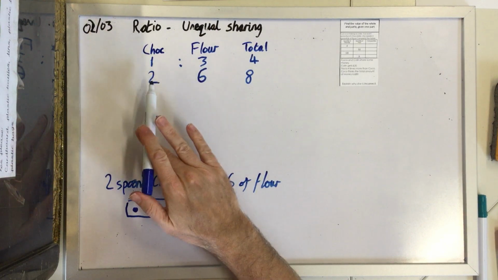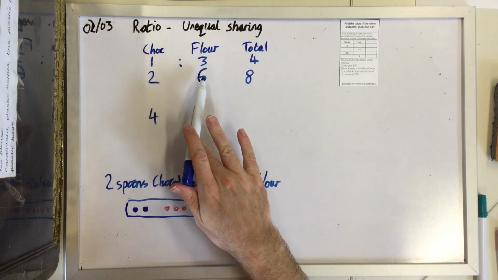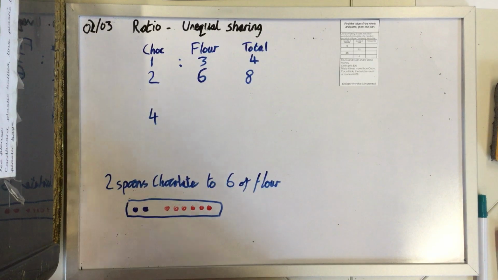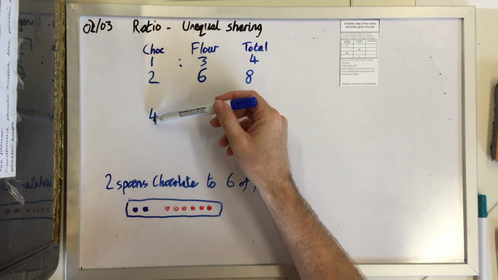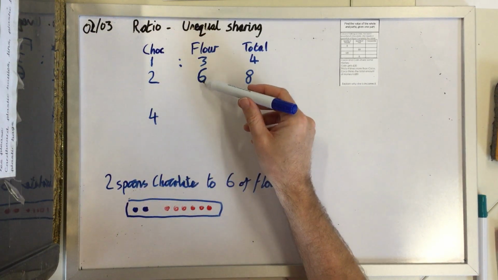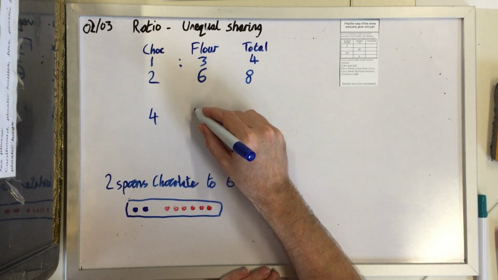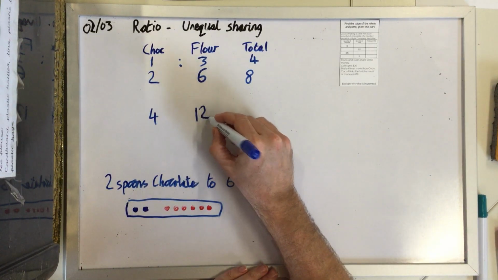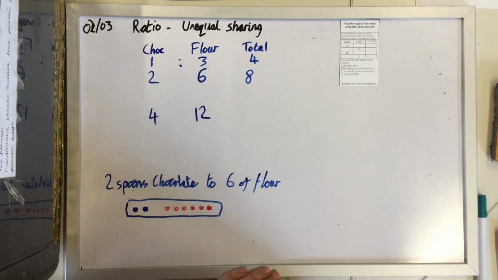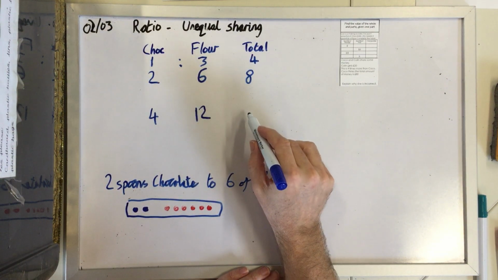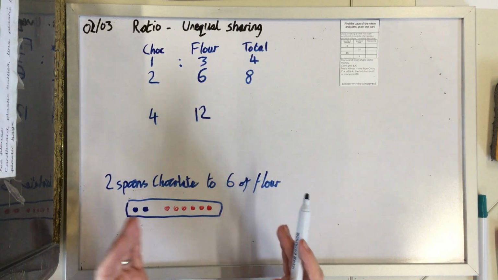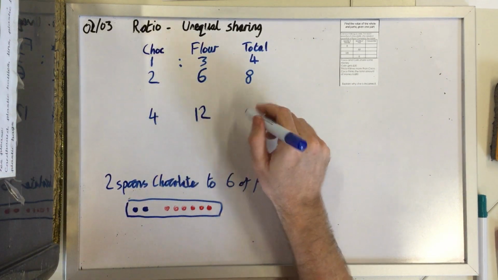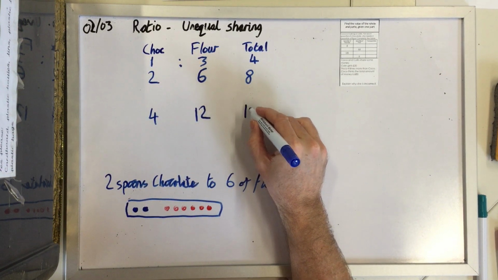For every 2, you need 6. 2 is doubled to 4, so 6 will need to be doubled to 12. Then we've got 4 to 12, which gives us 16 in total.